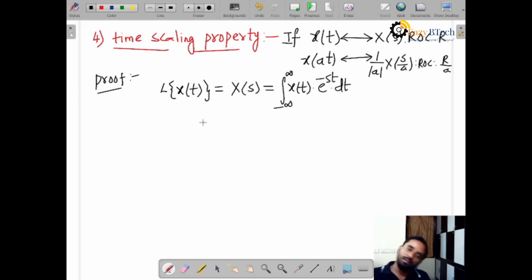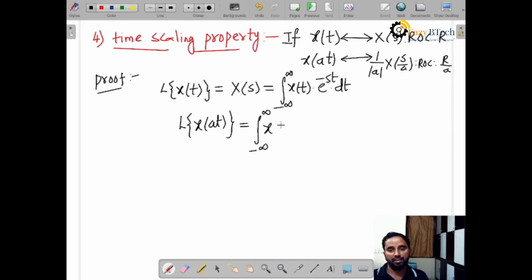Okay, let's now write the Laplace transform of x(at). It is the integral from minus infinity to plus infinity of x(at) e to the power minus st dt. It doesn't mean that t is equal to at; whatever the signal x(at) is, it is in the place of x(t), right?